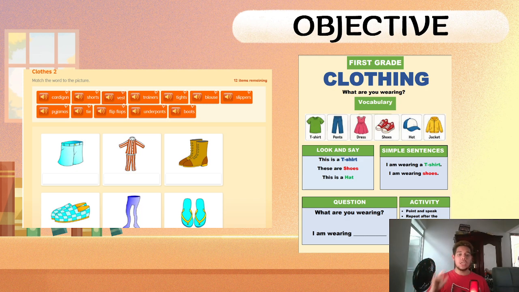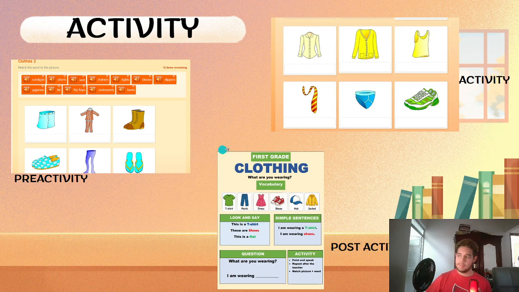The second is students will produce simple oral responses using the structured sentence, I am wearing blank. Once they connect the items correctly on the screen, they will immediately transition from passive recognition to active spoken production. After having those two very strong main objectives, we move on to the activities.